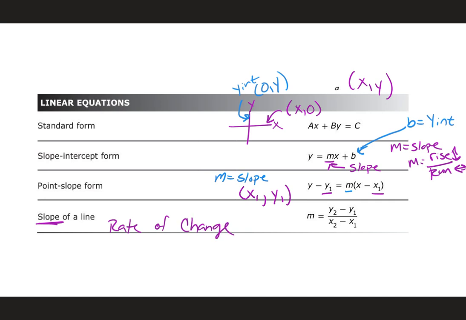Okay, rate of change is another one. We have that rise over run we said already. If I have my 2 points, where I'm going to have x comma y and x comma y, this would be group 1, this would be group 2, I would put that information in to solve for what my slope is.